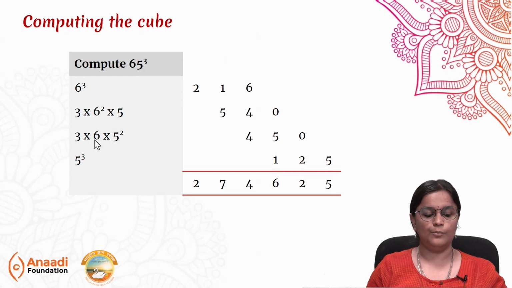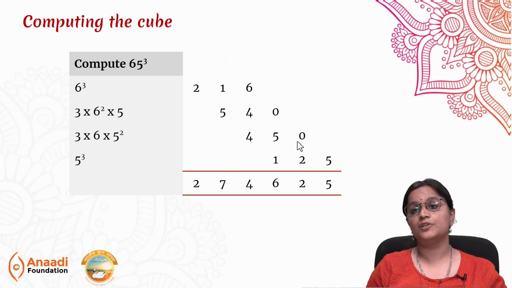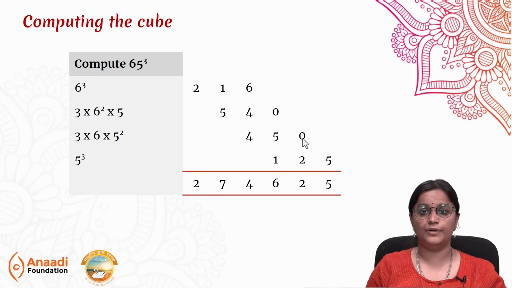Next, we compute 3AB square, which is 3 into 6 into 5 squared, which gives us 450. Again, we have moved our units digit by one more place and you find 450 written in this fashion. Finally, we compute B cube, which is 5 cube, 125.